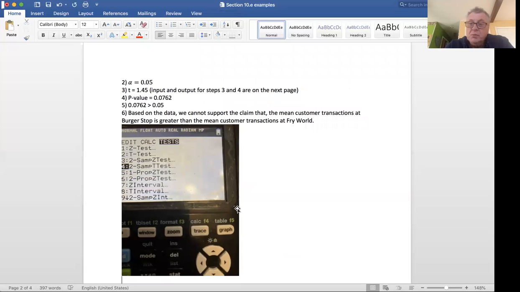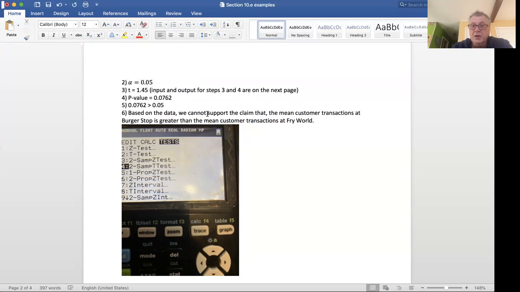Level of significance is 0.05. When I use the 2-sample t-test, which I see here under tests, number 4, I have it pictured out here. I select that. I get a test statistic of 1.45 and a p-value of 0.0762. 0.0762 is greater than 0.05.